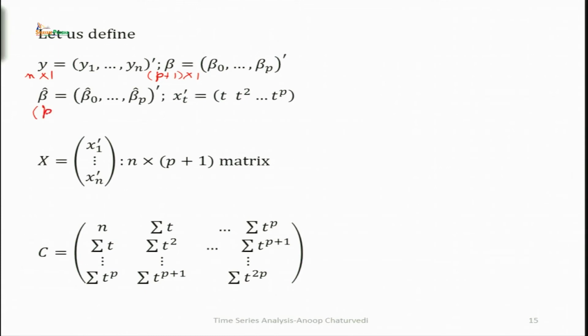So, this is also a p plus 1 cross 1 vector, and x t transpose is a p plus 1 cross 1 vector with elements 1, t, t square, so on, t to the power p.